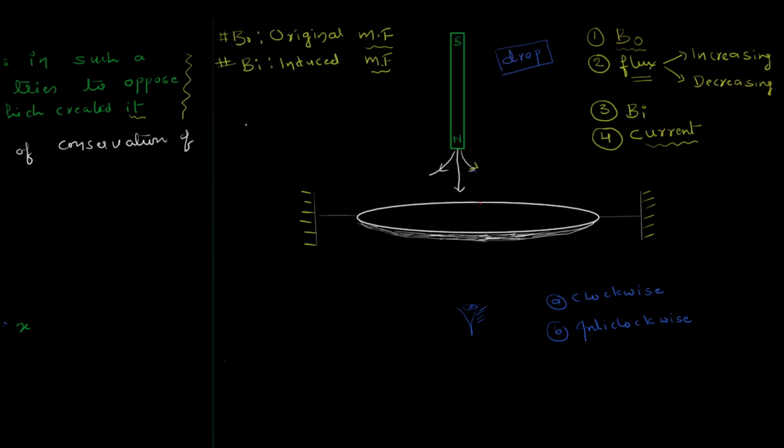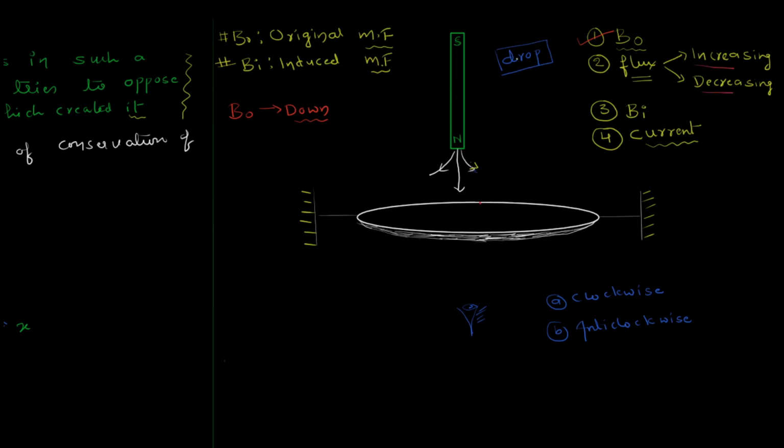So the first step is almost done in no time. BO is clearly directed downwards, right? In this case at least, BO is directed downwards. Look at these white arrows. That's the direction of magnetic field. Alright, so identifying the direction of BO is done. Second is to identify if the flux is increasing or decreasing.